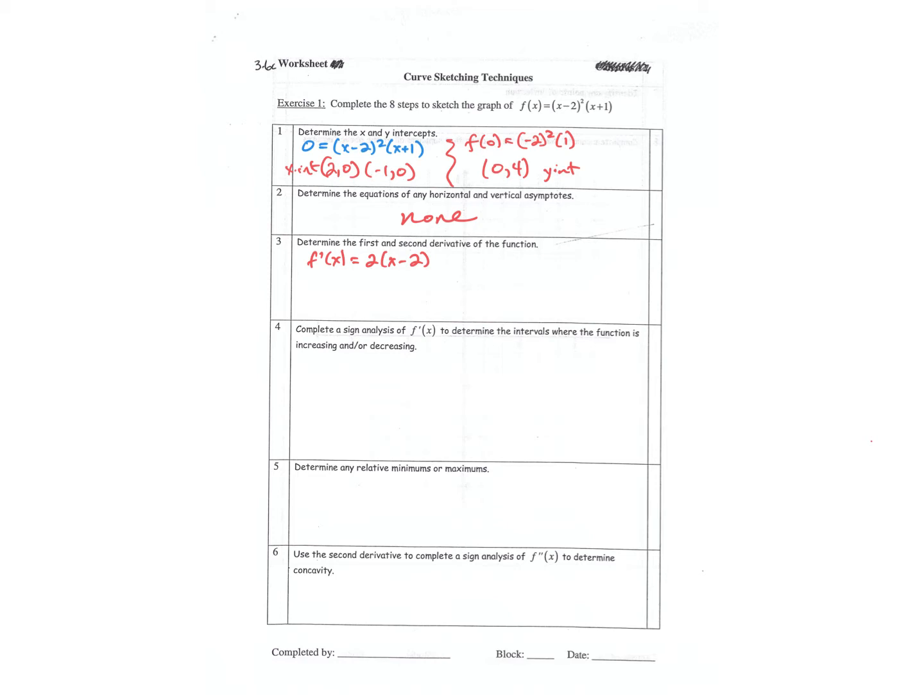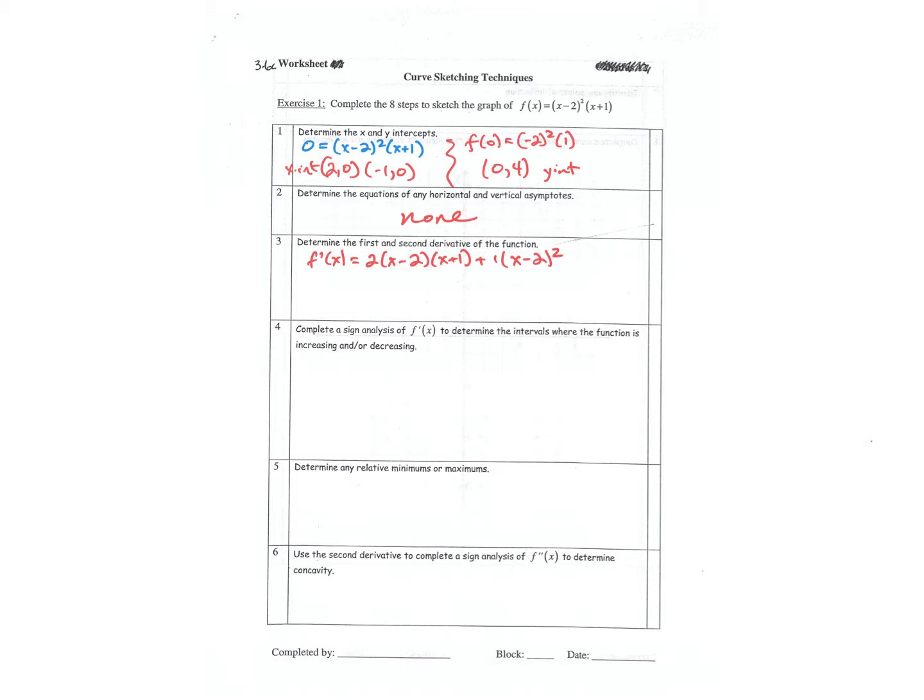And then times the second, x plus 1. And then plus, what's the derivative of my second? 1. And then times x minus 2 squared. All right. Now, you could leave it like that. However, I'm going to go ahead and FOIL because it's going to make your life a little bit easier in the second one.